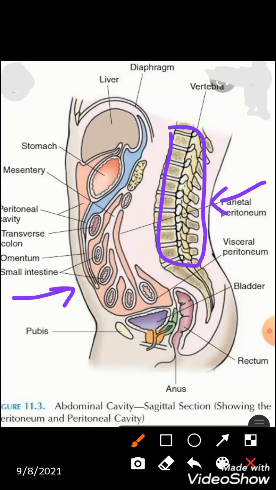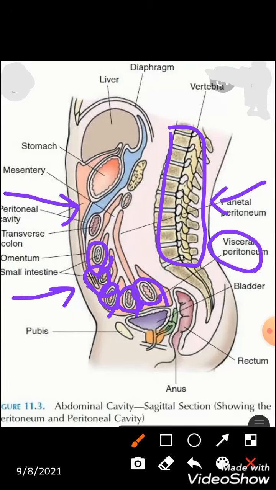And we can see that this is the parietal peritoneum, and the visceral peritoneum is doing what? It is enclosing various sections of the small intestine, the coils, right? And this is the transverse colon, this is the stomach, and this is the liver.